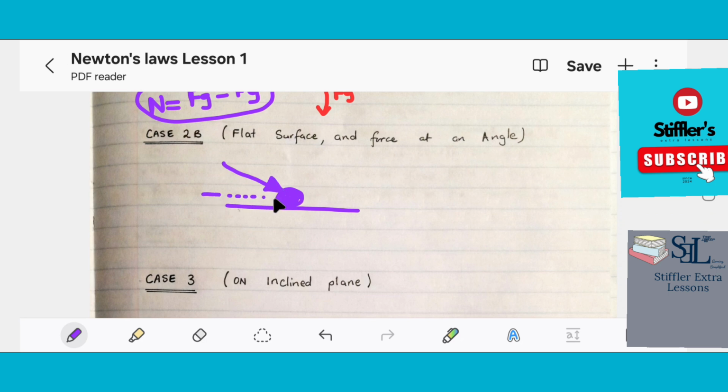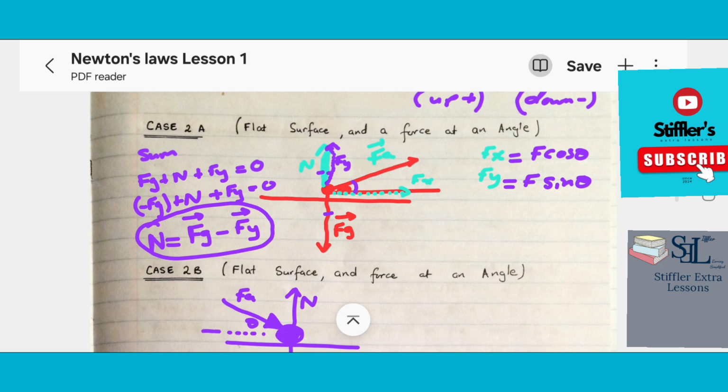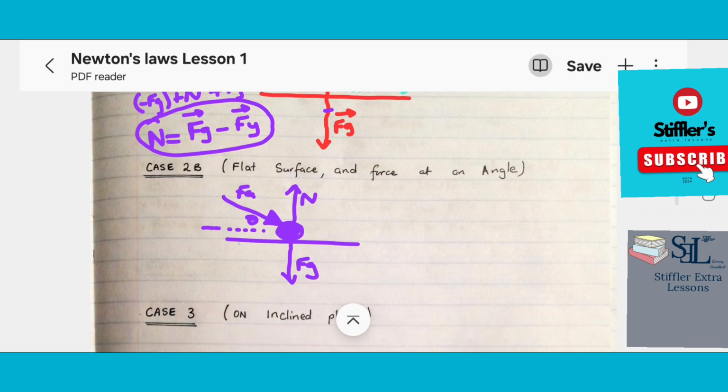So still let's have our angle theta there. Here again we're still having the Fg, and we're still having the normal force. This is the force that is being applied, but you can see that this situation and that situation are different, because in this one the object is being pulled at an angle, and in this one the object is being pushed at an angle, if you can check that.